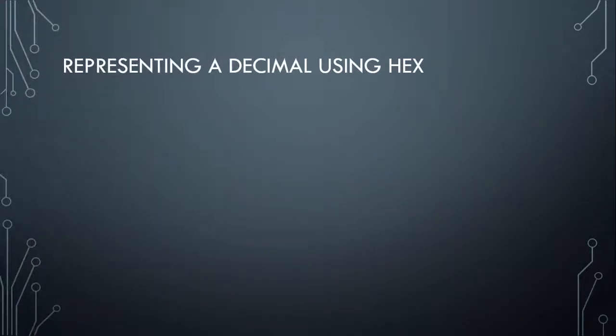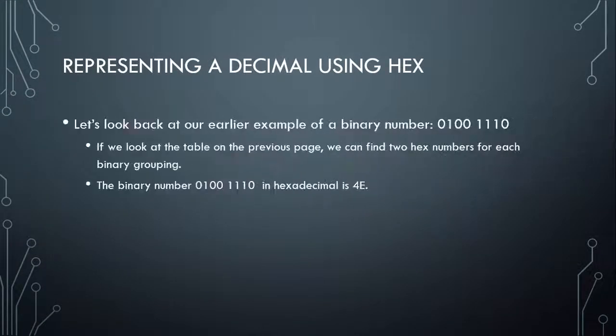But let's talk about representing a number using hex. If we look back at our earlier example, we have 0100 1110. If we look at the table from our previous page, we can find a hex number for each binary grouping. The binary number 0100 1110 in hexadecimal is 4E. And when I'm saying representing a decimal here in the title, I'm not actually referring to a decimal number.